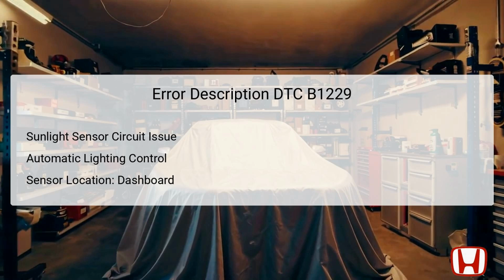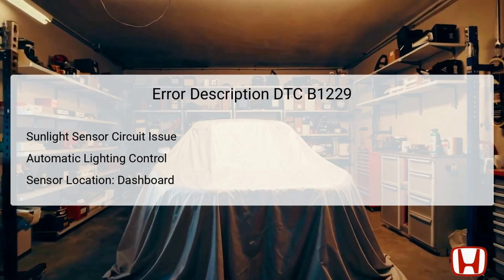If it senses inadequate light due to a malfunction, the climate control system may not react appropriately, compromising passenger comfort and safety. The sunlight sensor communicates with the climate control unit, thereby impacting the automatic lighting and temperature control systems. Recognizing the important role that this sensor plays in vehicle operation is key to understanding the error code and its implications.